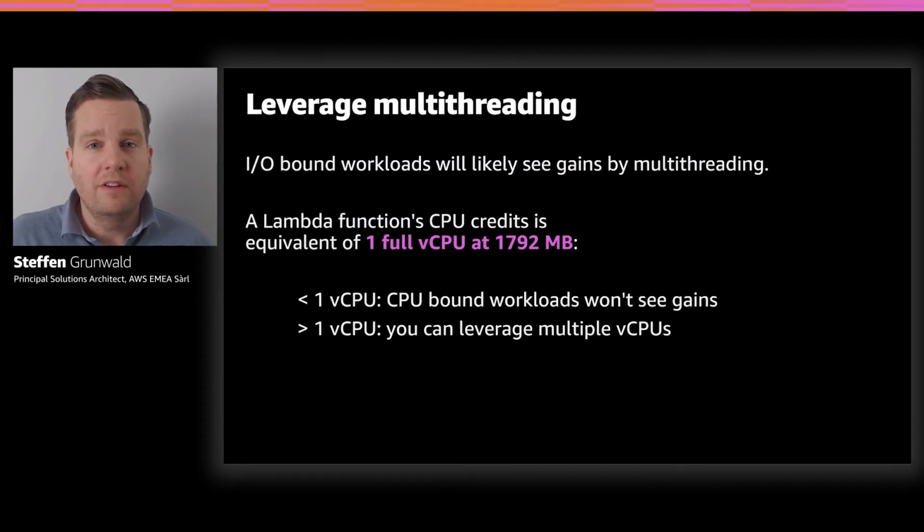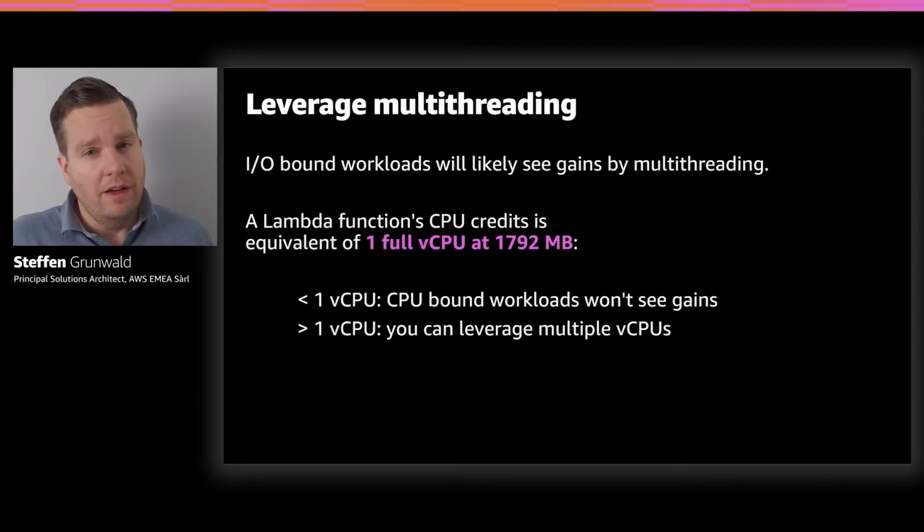And the memory setting also has an effect on your ability to use multithreading. So you can use multithreading. In my case, it's not so helpful because I need to download, resize and upload the image all in sequence. But if your application is I/O bound and you need to, for example, download many images at once for resizing, then you could benefit from multithreading here.